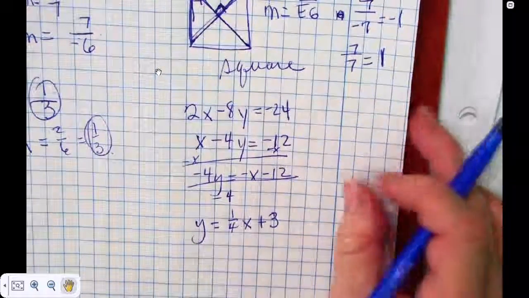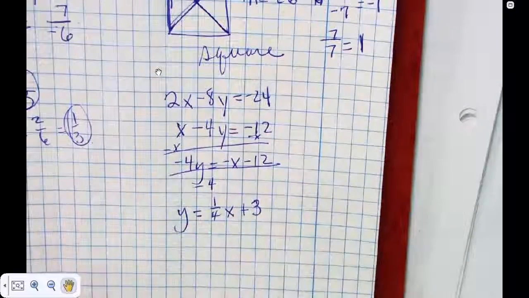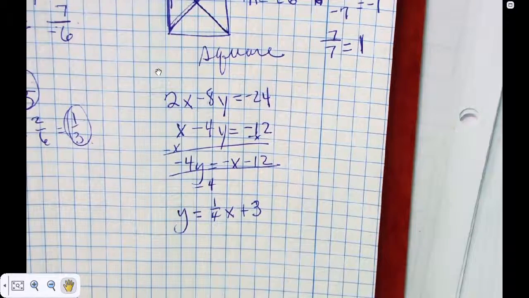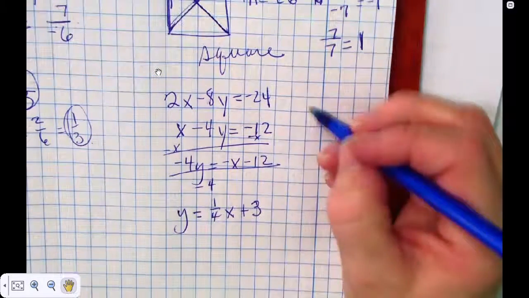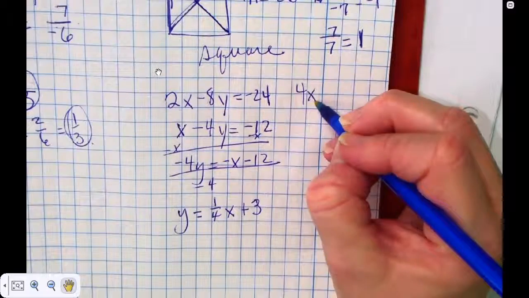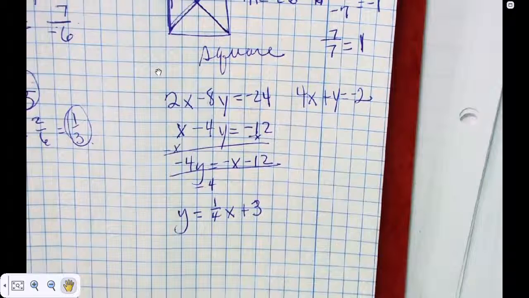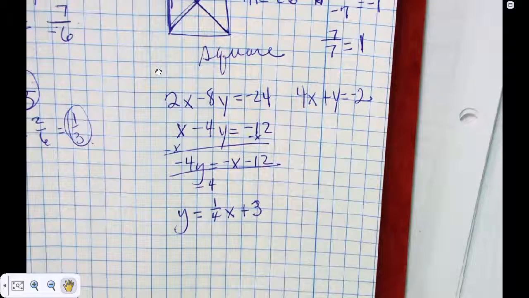Right? So we've got the slope of that one. Does everybody have the slope of that one? Some people don't. Now do 4x plus y equals negative 2. That one's an easy one to change. Don't erase the other one. You need all of them up there.